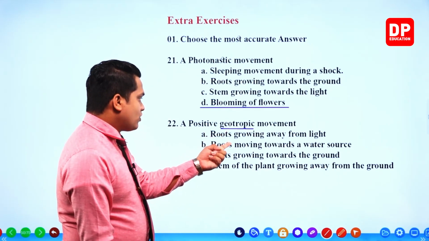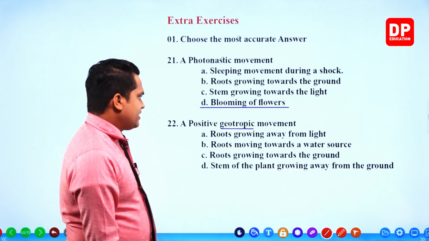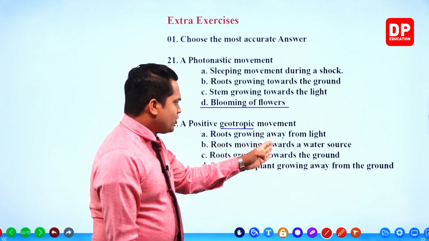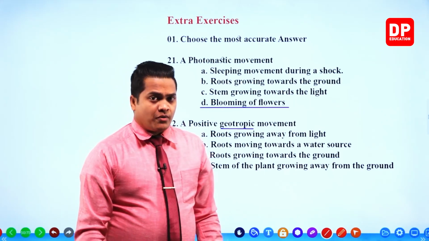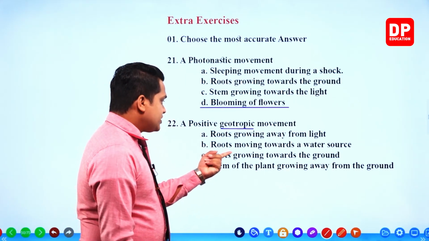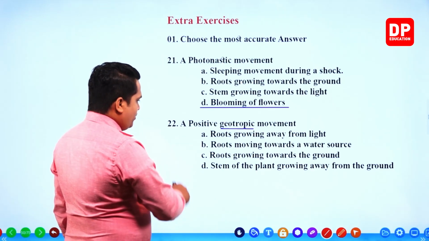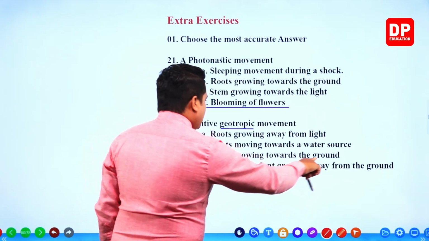So roots growing away from light: away, incorrect. It should be a negative. Roots moving towards a water source: once again, incorrect. It's hydrotropism. Roots growing towards the ground: positive, towards, geotrophic, ground.